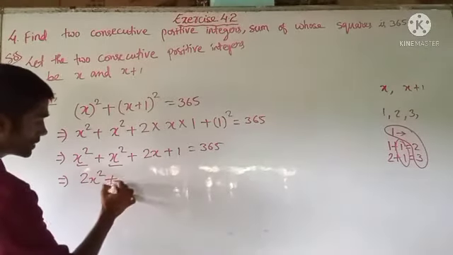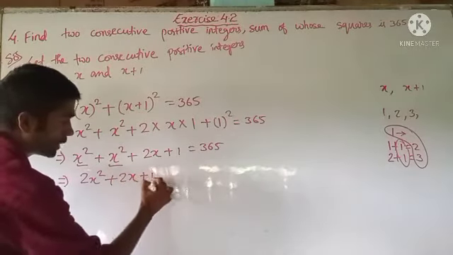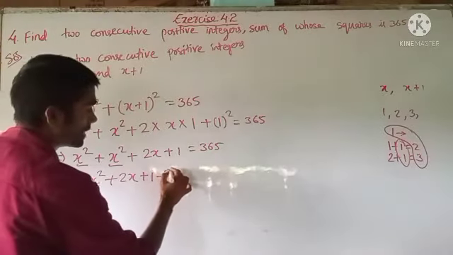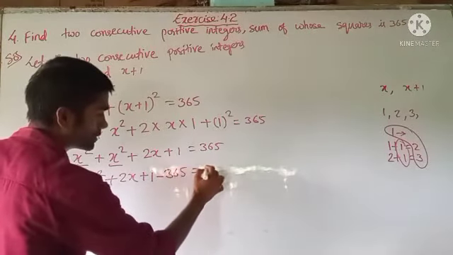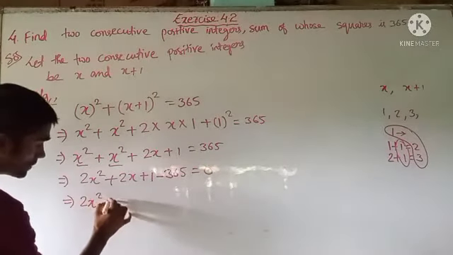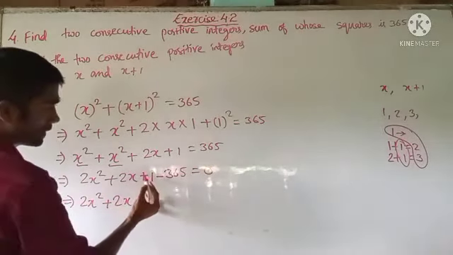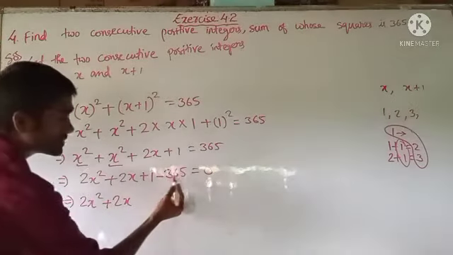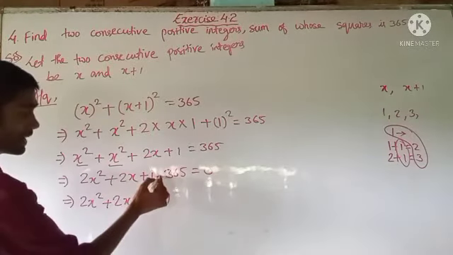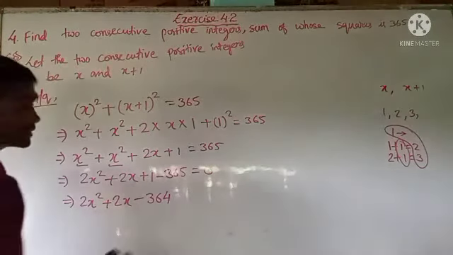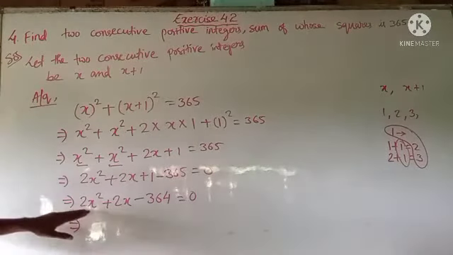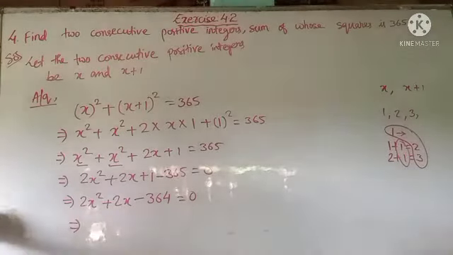Now x square plus x square will get here 2x square plus 2x plus 1. When we are transferring this 365 to the left hand side, it will change into minus 365 is equal to 0. Now 2x square plus 2x, and 1 minus 365, so we will get here minus 364, is equal to 0.